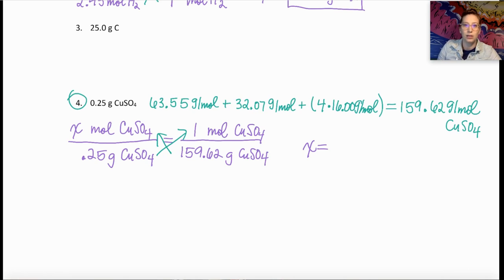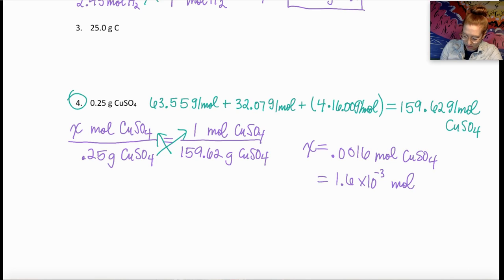But I get 0.001566 and then a series of other numbers. I'm going to put it both in normal standard notation and scientific. So if I round this to 2 sig figs, I'm going to make this 0.0016 moles of CuSO4. If you want to write that in scientific notation, fantastic. I would make that 1.6 times 10 to the negative 3rd moles CuSO4. Same value, just a different way of representing it.